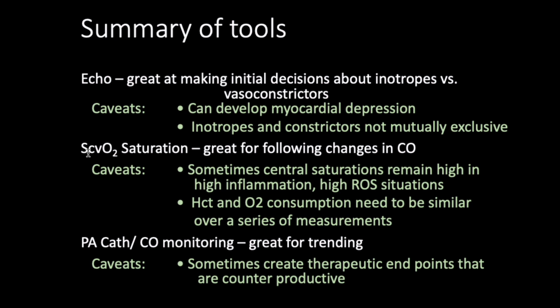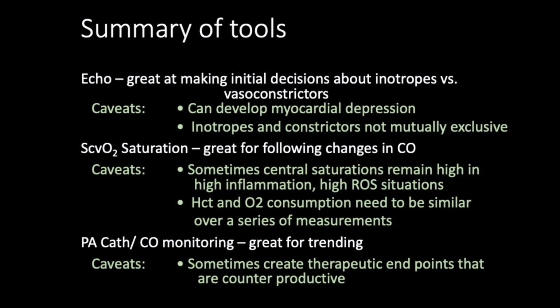The caveats of that measurement are that it looks at the supply-demand relationship, and there's three variables. There's VO2, and there's the two components of oxygen delivery: hemoglobin and cardiac output. And so if you're using it as a way of surmising what's going on with cardiac output, you have to make sure that the other two factors are relatively constant over a series of measurements.